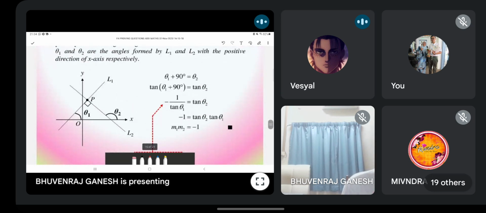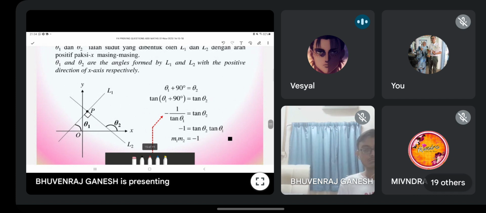So this is to prove m1 times m2 equals -1. This is your perpendicular bisector gradient thing lah. So here, you have to clarify two angles, which are theta 1 and theta 2. Since it's perpendicular, there will be a 90-degree angle at the 90 degrees part lah.